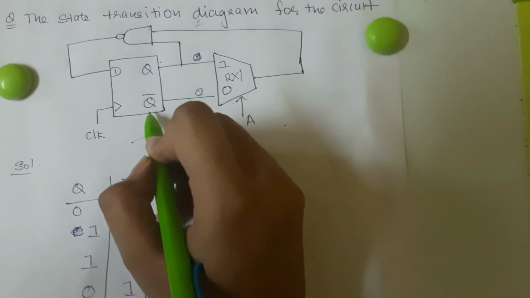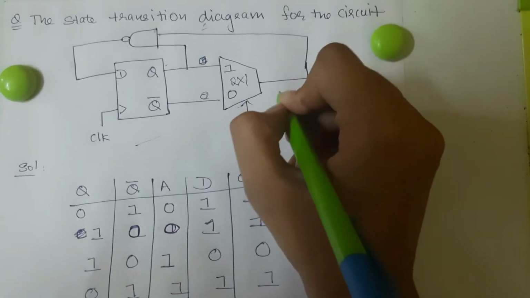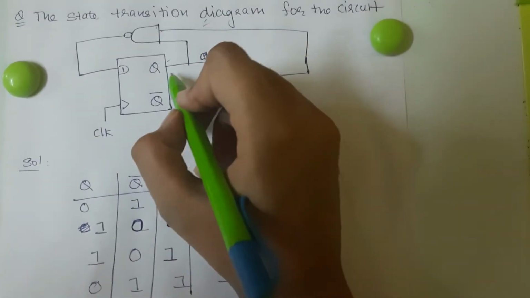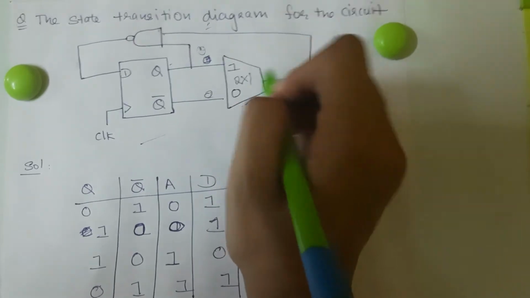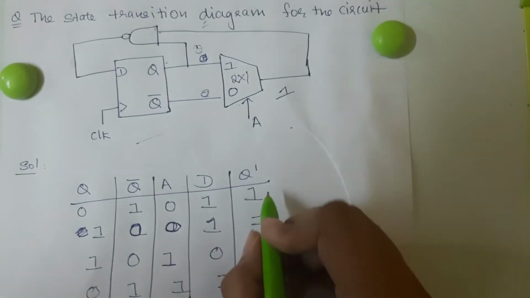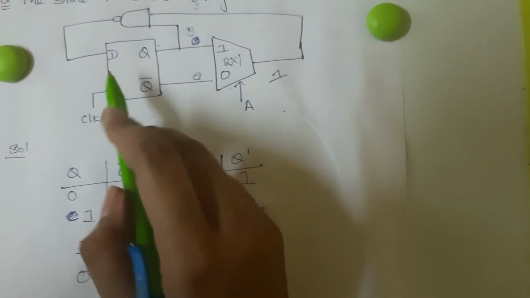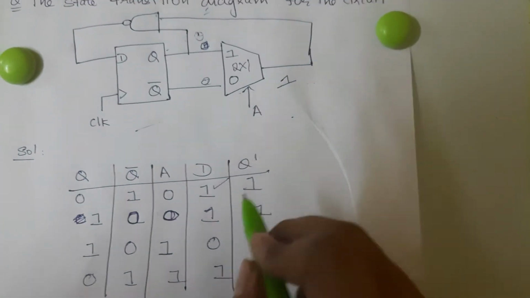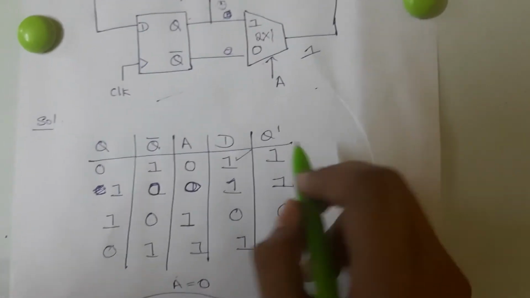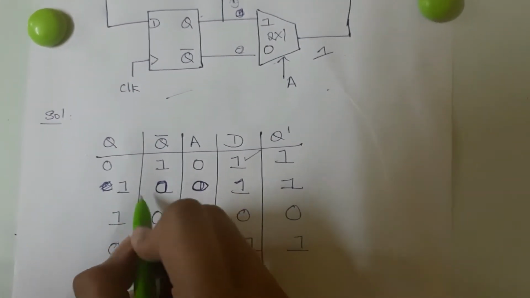At 0 the value is Q bar. So Q bar is 1 and here Q is 0. So 0, 1, NAND is 1. So D value is 1. Now if my D value is 1, the next state of Q is 1. So Q is 1, Q bar is 0.